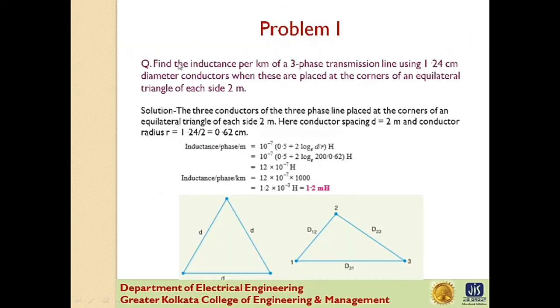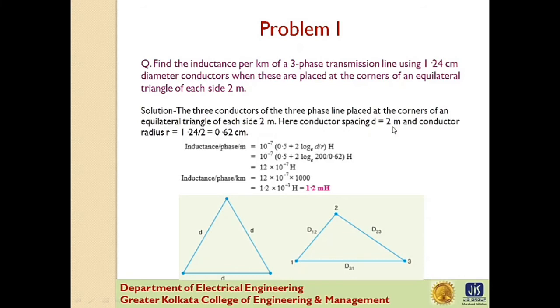Next, the first problem: find the inductance per kilometer of a 3-phase transmission line using 1.24 centimeter diameter conductors when these are placed at the corners of an equilateral triangle of each side 2 meter.